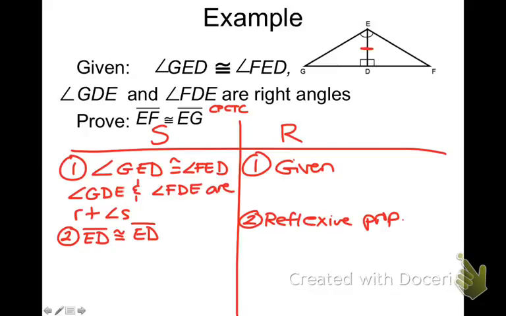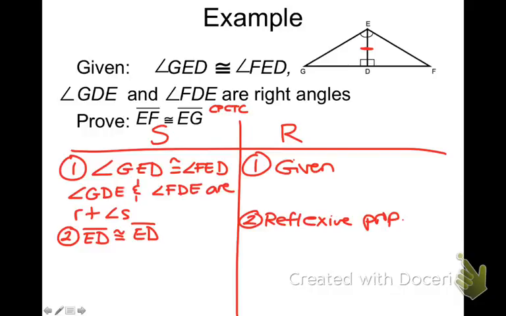They told us angle GED is congruent to FED, so that's already marked for us. Just looking at the diagram, they put the right angles in too for us. What would be my theorem that I would use? Well, I don't have a hypotenuse and hypotenuse. Angle, side, angle. So for angle, side, angle, I need one set of congruent angles, which I have here.